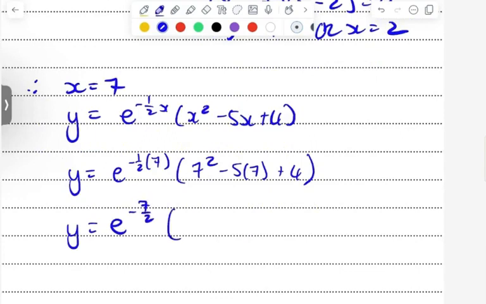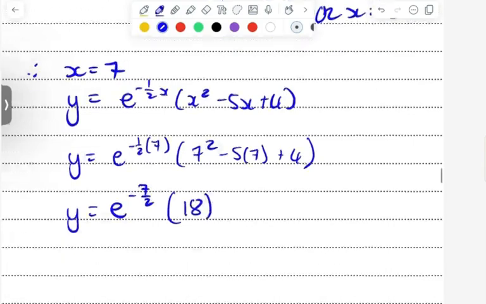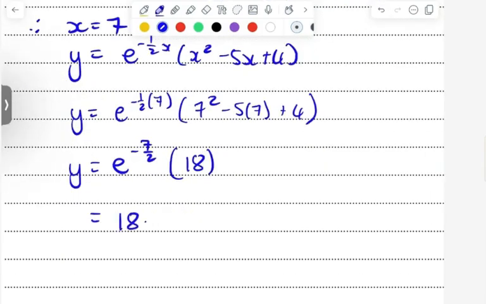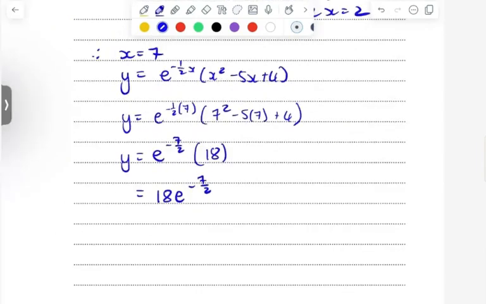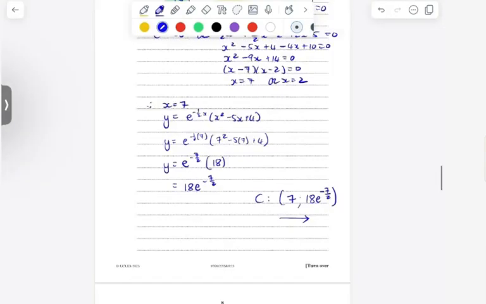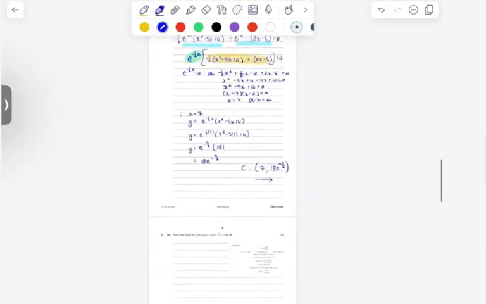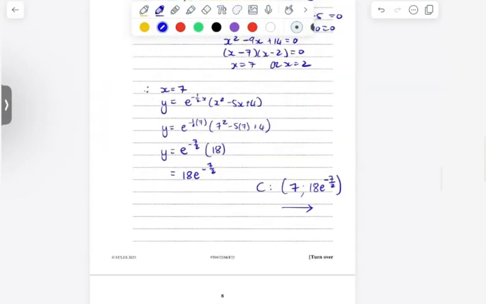And then we have 7 squared, 18, e to the power of minus 7 over 2. So our coordinates of C are 7 and 18e to the negative 7 over 2. Okay, super strange answers, but go back and check your work, and if you've done everything correctly, you can confidently just leave it like that. That is the correct answer.